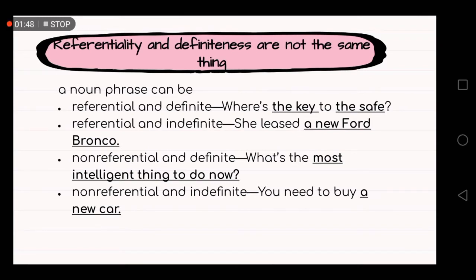It is important to know that pronouns and proper nouns are usually referential, but certain pronouns such as you, it, and they are often non-referential because they do not particularly refer to an entity.